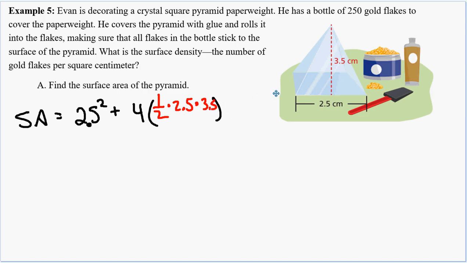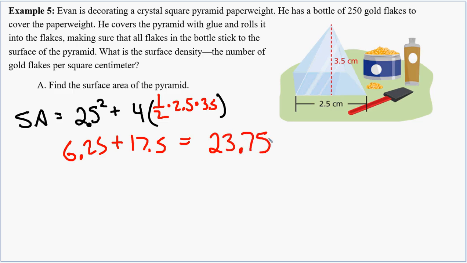So if we punch that in on our calculator, we are going to get 23.75. Let's do that. The 2.5 squared, that's 6.25. Plus the other component there is going to be 17.5. And that turns out to be 23.75 centimeters squared.